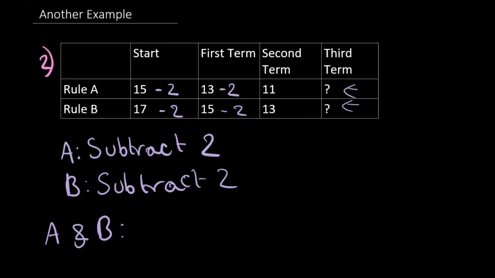Now let's figure out A and B. Then we can move on to the third term. So let me just erase these quickly. Okay, so 15 and then 17, 13 and 15, 11 and 13. So 13 plus 2 is 15. 11 plus 2 is 13.